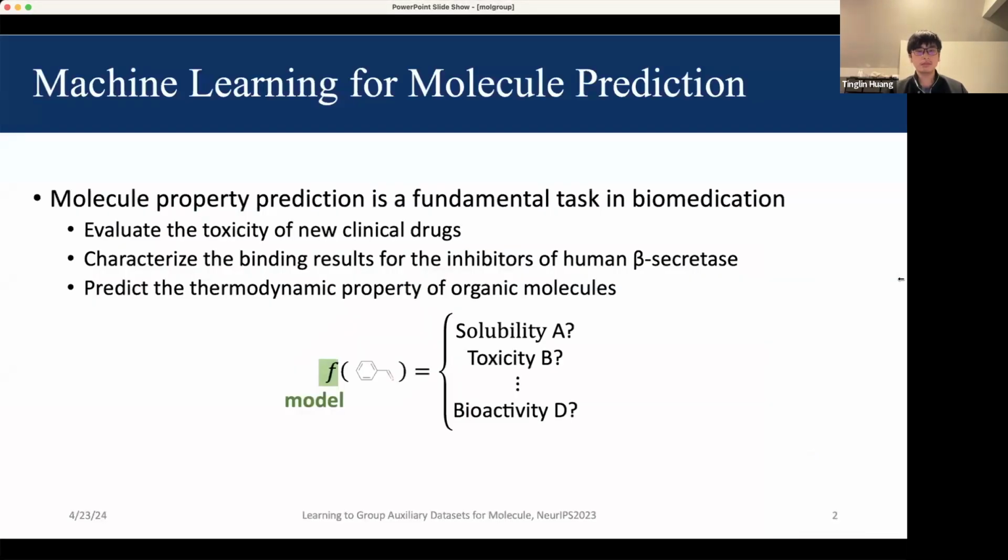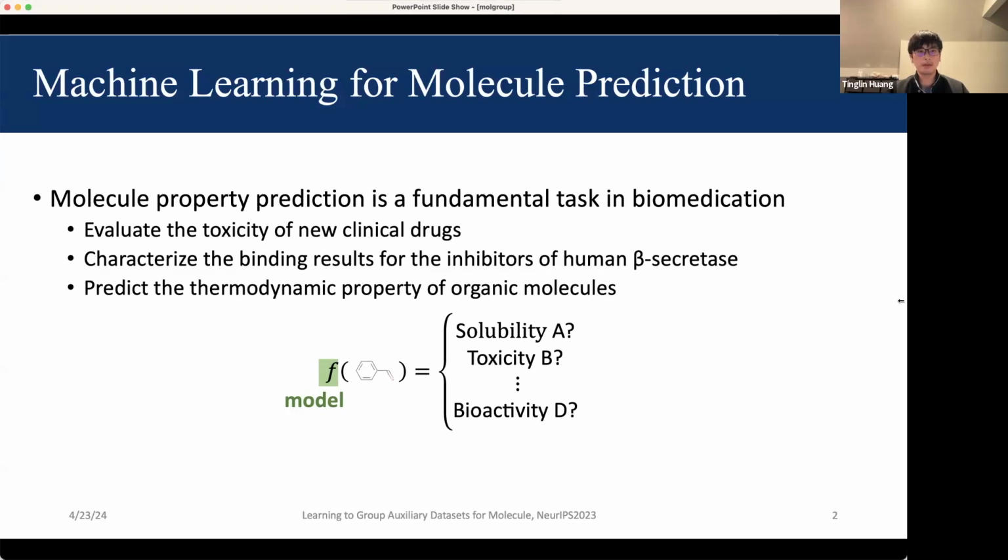In the biomedical fields, predicting the properties of molecules, such as toxicity and solubility, is really important. Machine learning is now a very powerful tool in this field. Given the molecule structure, we use a machine learning model like a graph neural network to predict its property.